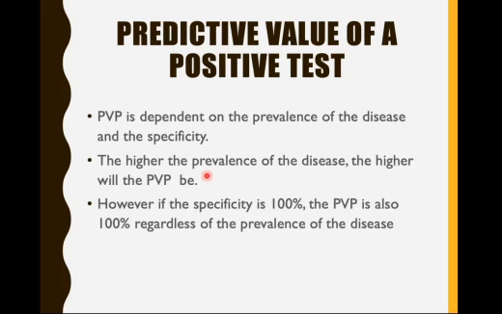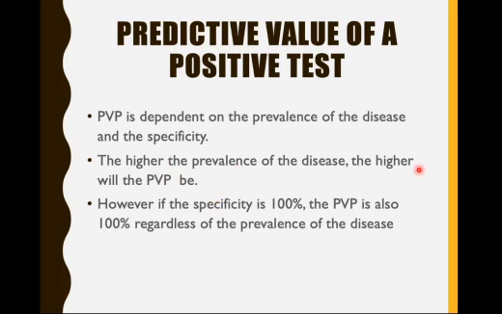Now, the predictive value of a positive test is dependent on two things: the prevalence of the disease and the specificity. The higher the prevalence of the disease, the higher the predictive value of a positive test will be.